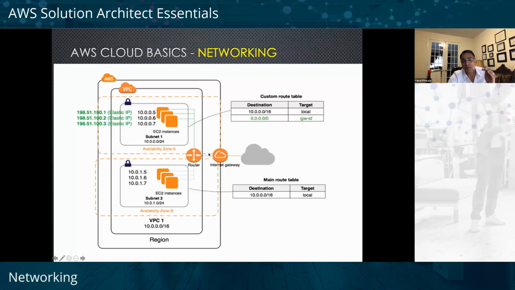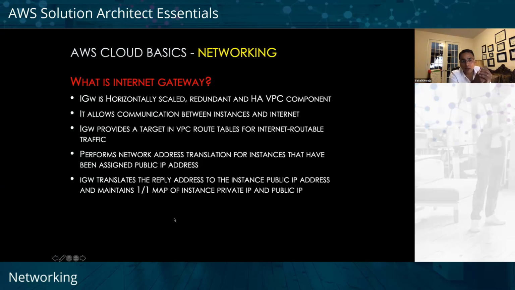This is an important component, because basically it says, okay, do I have rules and regulations that allow me to send the traffic out, or let the traffic in? So the internet gateway is a key component that does that job whenever traffic is coming in from outside, or whenever traffic wants to leave the subnet or the VPC.